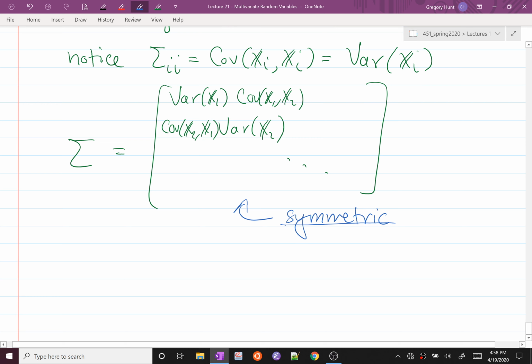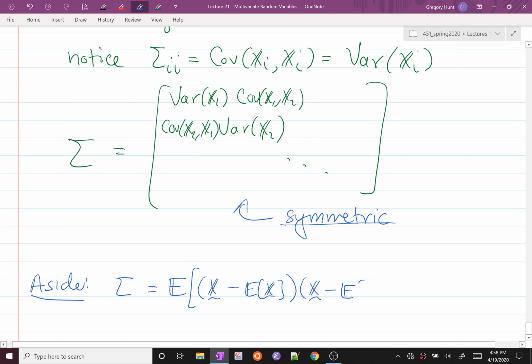So that's one way. As a cute aside, another way of defining my covariance matrix, sigma, is the expected value of x minus its expected value, times x minus its expected value, transposed.